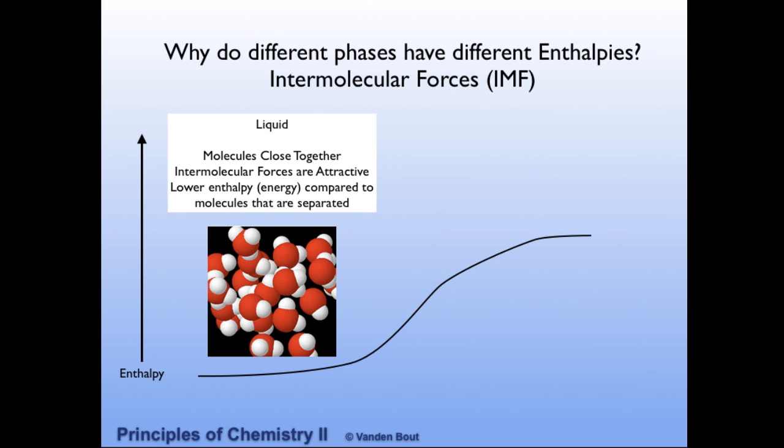And the reason that it's lower in energy is the molecules are close together. Remember, all substances have intermolecular forces that are attractive. The stronger the forces, the more attractive they are, which means when the molecules are close together, they have a lower energy. Lower enthalpy compared to molecules that are separated.